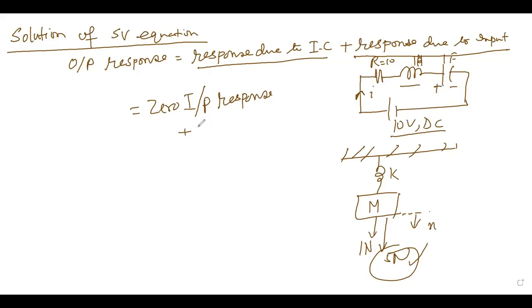It is called the zero IC response, the zero initial condition response. So the total response is the response to initial condition, also known as the zero input response, plus the response to input, also known as the zero IC response.